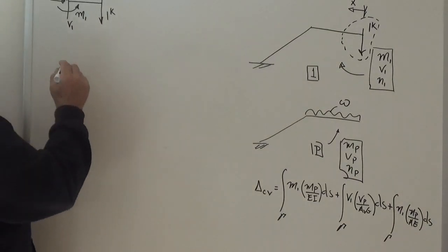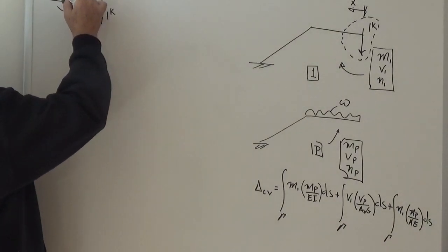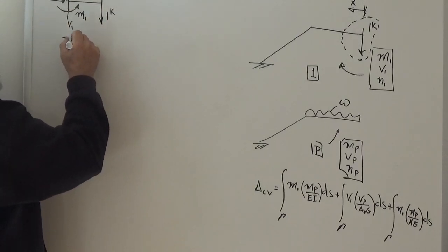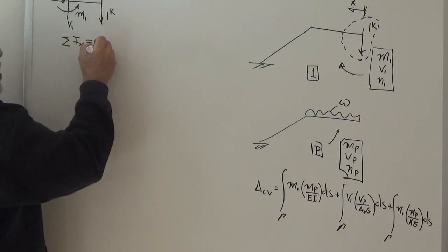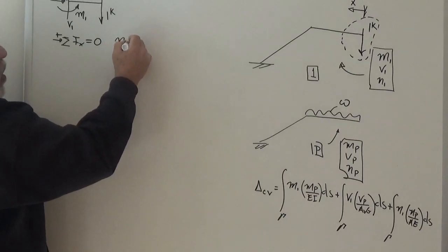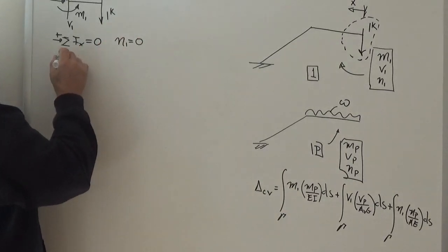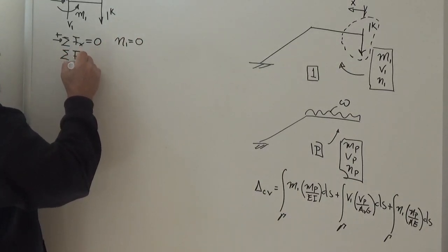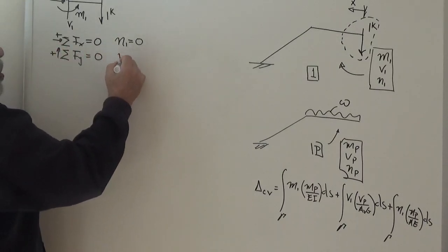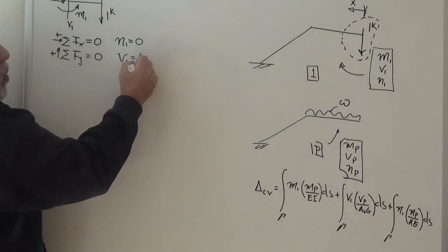From that free body diagram, if this point here is O, from the sum of the forces in the X direction equal to 0, to the right being positive, we conclude that N1 is 0. From the sum of the forces in the Y direction equal to 0, with up as plus, we conclude that V1 is equal to 1.